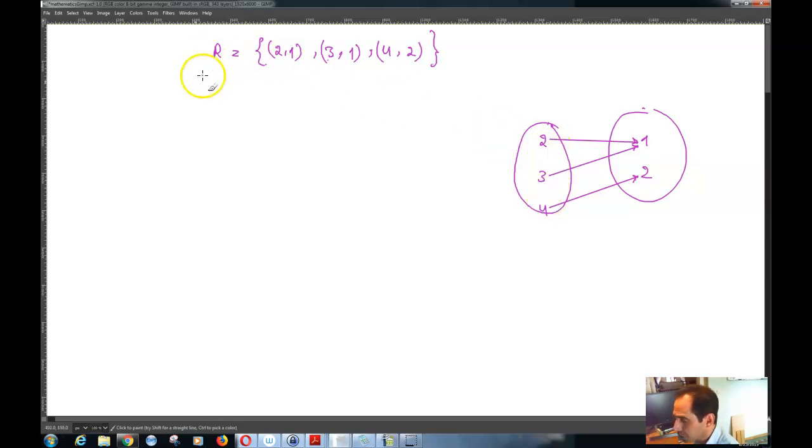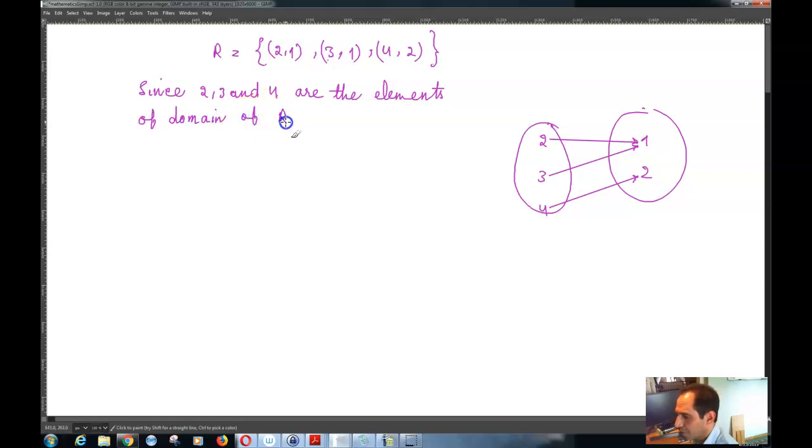It says that since 2, 3, and 4 are the elements of the domain of R, having their unique images, this relation R is a function.